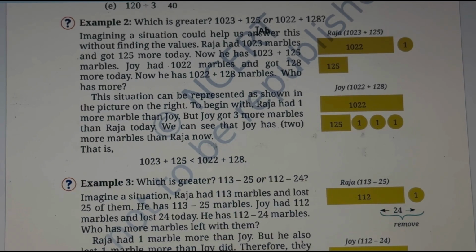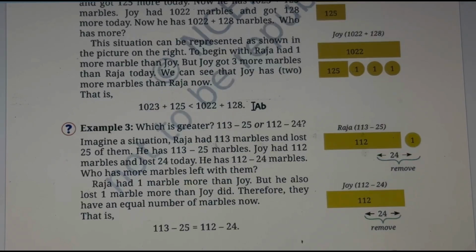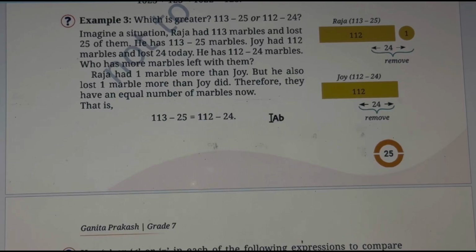Raja got 125 more and Joy got 128 more. So we equate this 125, 125, and Joy has got 3 more marbles. So one he was having less, but he got 3 more. So naturally Joy has more marbles now. Very nice trick of comparing numbers or expressions.